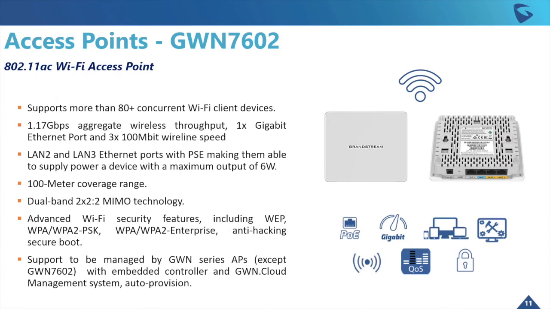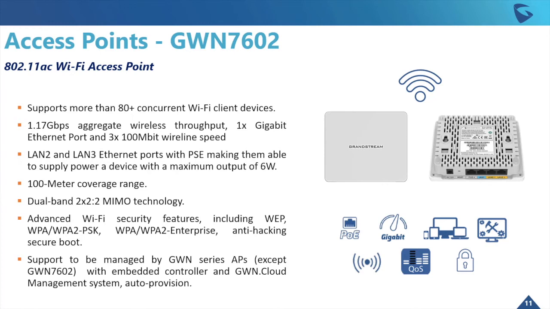And the last model in the indoor access points category is the GWN 7602. This is a compact Wi-Fi access point designed for small businesses, homes, offices, hotel rooms, and more.